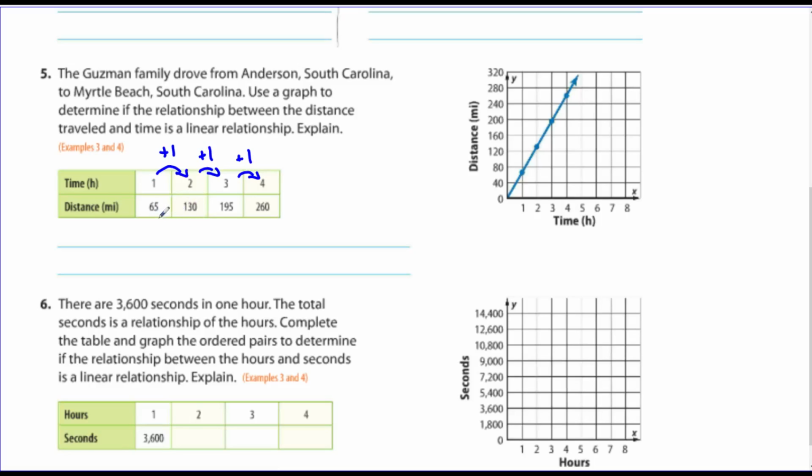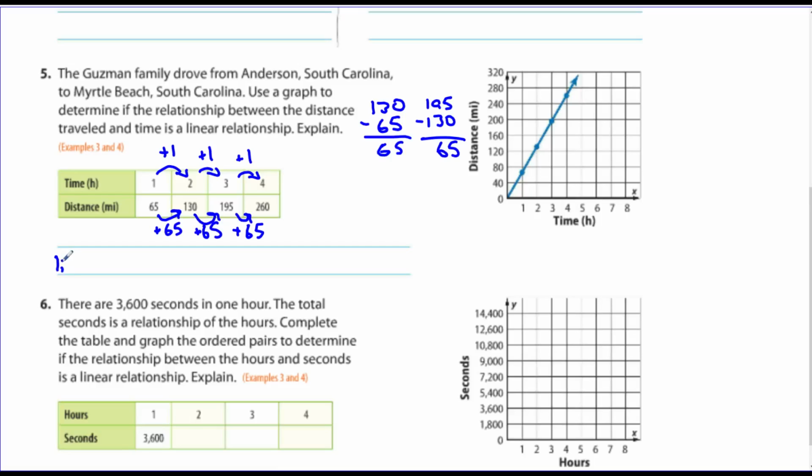And our distance from 65 to 130, and if you're not sure what that is, that's just 130 minus 65, and that's 65, so plus 65. And then our next one, 195 minus 130, well, that's 65 again. And then our last one, take my word for it, this is also plus 65.